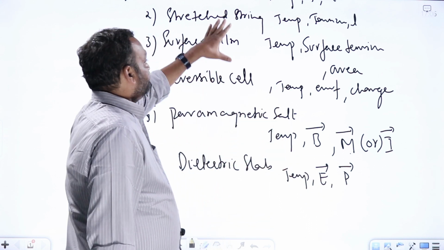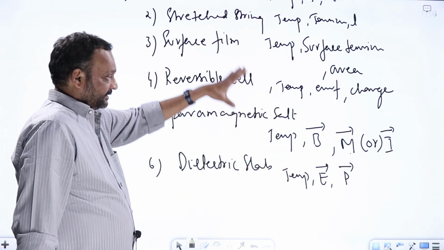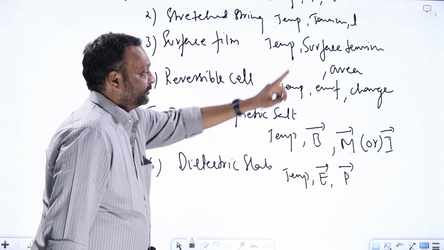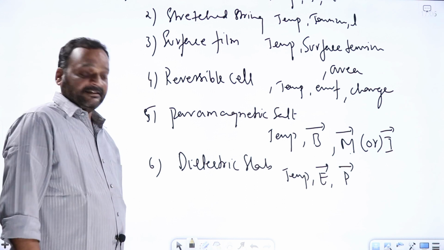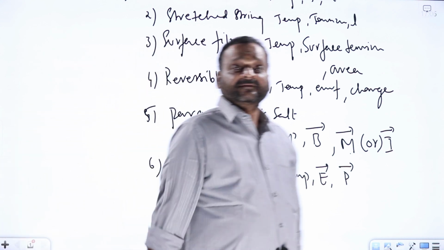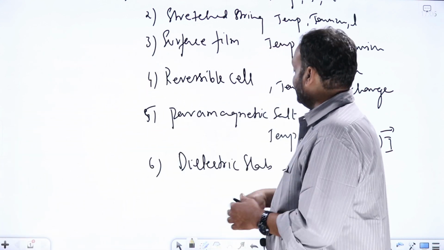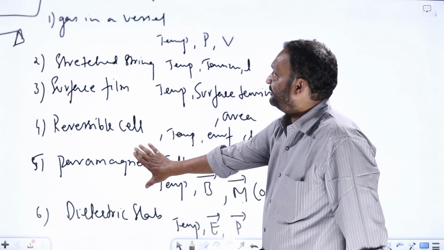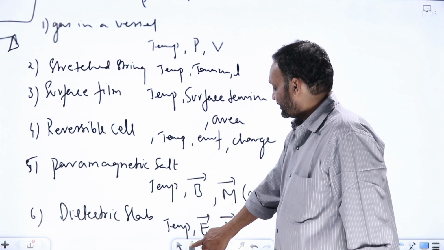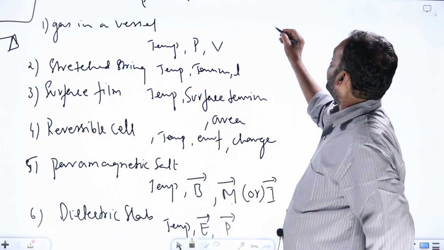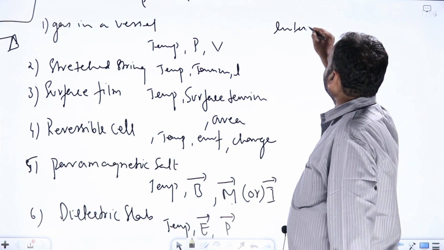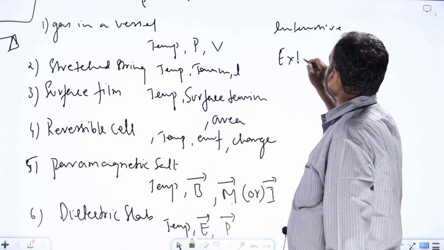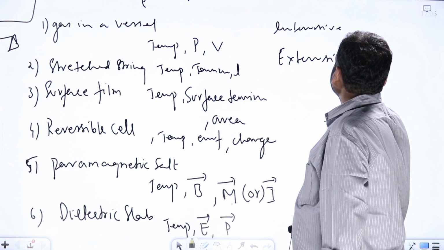These are some important thermodynamic systems which we can consider in thermodynamics, and the corresponding thermodynamic coordinates are state variables which describe the properties of the system. Now, out of these variables, I'll classify some as intensive variables and some as extensive variables.